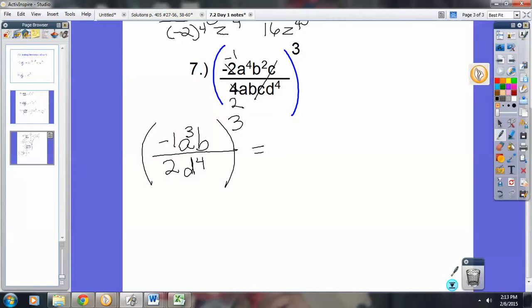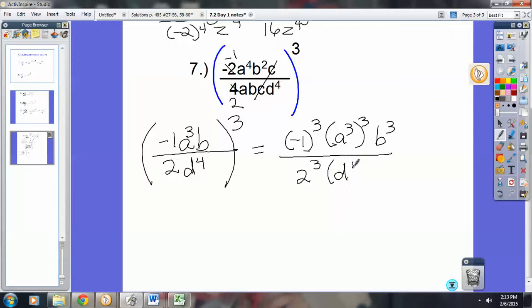Now take everything to the 3rd power. 1 to the 3rd power, A cubed to the 3rd power, 2 to the 3rd power. Negative 1 to the 3rd is negative 1 times negative 1 times negative 1, which is negative 1.